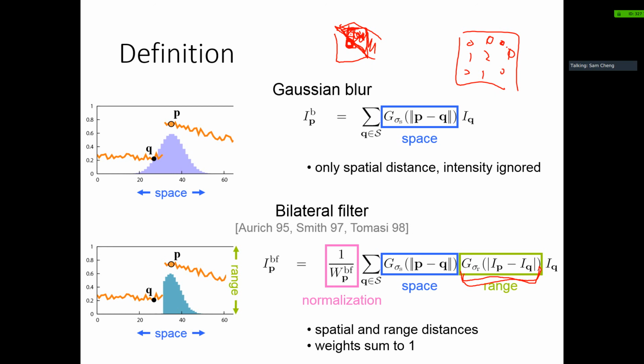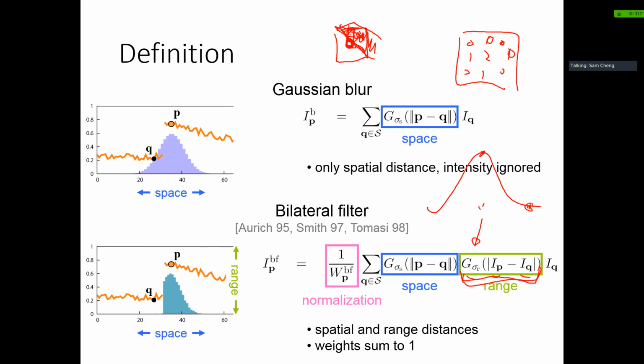In practice, we just look at the difference between these two values and then do a distance measure between them. This distance measure is typically a Gaussian-like kernel. If these two are close together, it will be somewhere here. If the other value is far away, then I will have a value here.